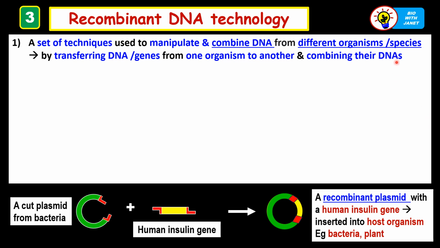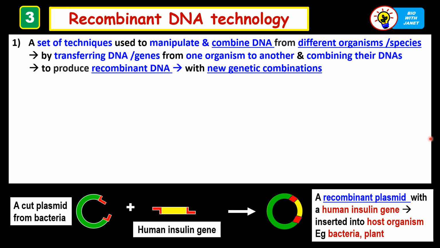By transferring the DNA or genes from one organism to another and combining the DNA of both organisms together, right? So the key thing is they transfer the DNA and then they combine the DNA together. Sometimes they combine the DNA outside the cell first and then they transfer the new DNA into the organism, okay?